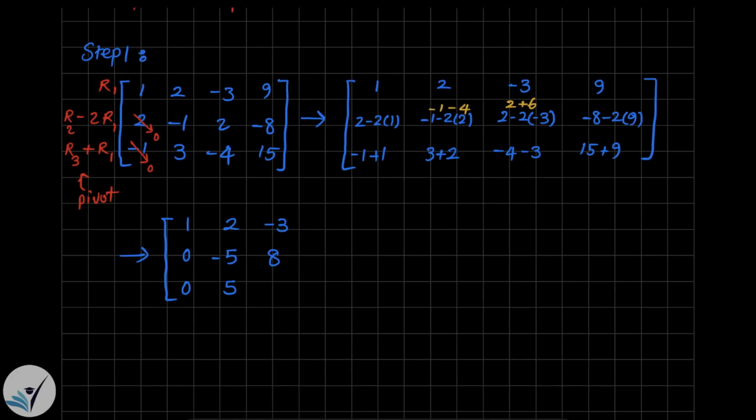And then we have -7. On the last column we have 9. So -8 minus 2 times 9 is -18. The result would be -26. And then the last entry, 15 plus 9 would be 24. Step 2.